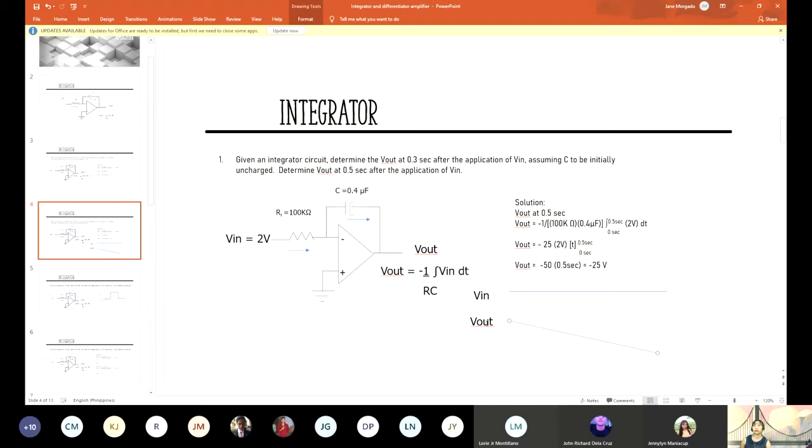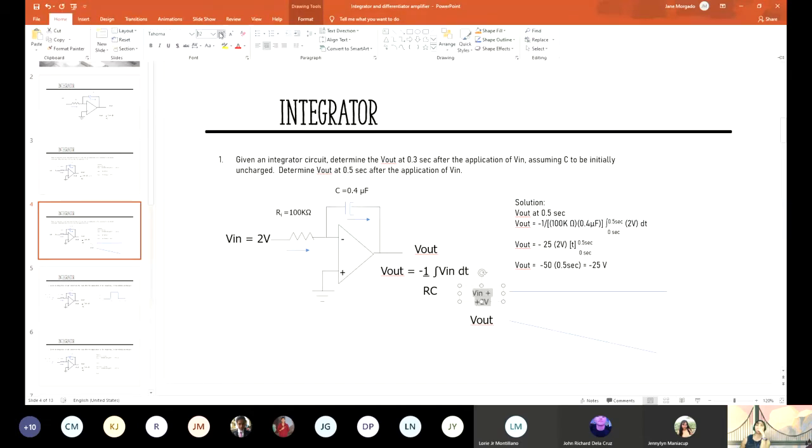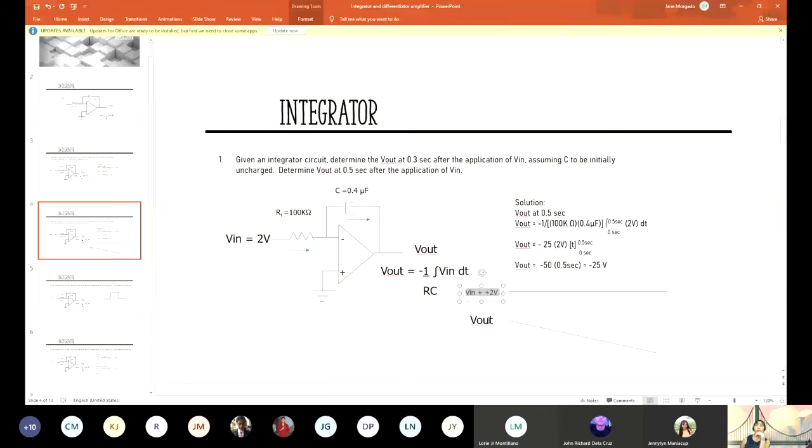Okay. So DC looks like a straight line. Okay, initially. Ideally, it should be straight line. Okay. So this is, let's say, this is your 2 volts. Okay. So this is your positive 2 volts input.